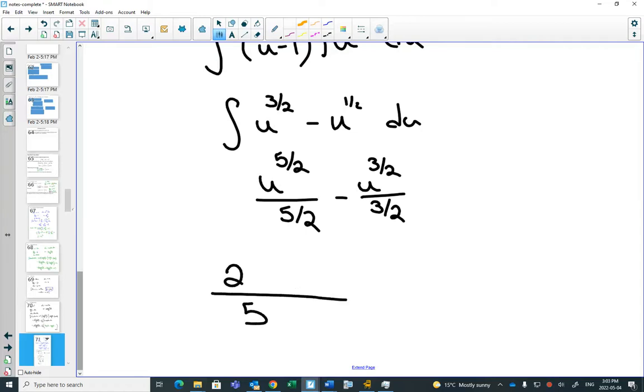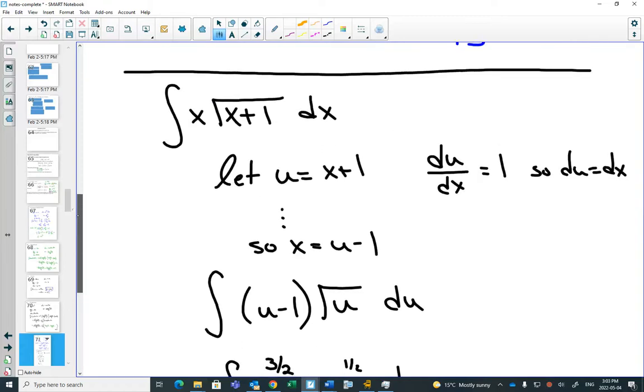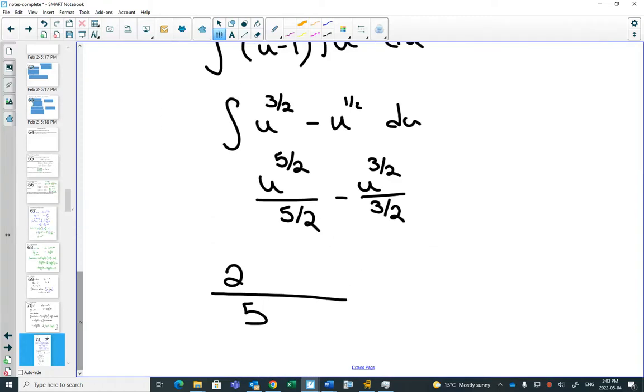Substituting back in. What did u equal? X plus 1. I'll move the 2 up to the front.